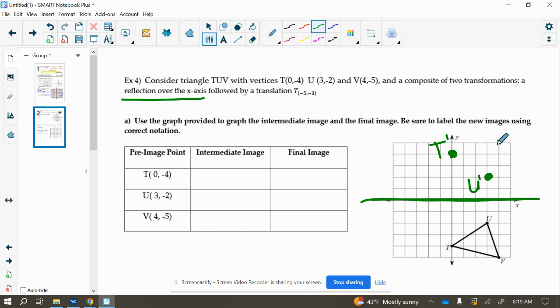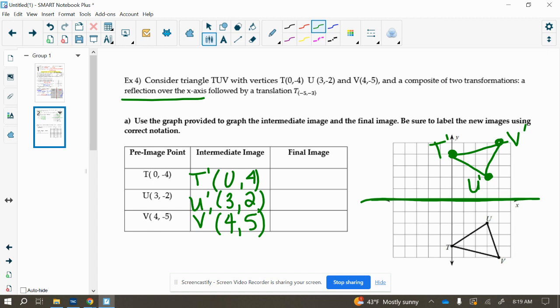It's now 2 units above. V was 5 units below, it's now 5 units above. So here is our intermediate image. T prime, U prime, and V prime are located at 0, 4, U prime was at 3, 2, and V prime is at 4, 5.